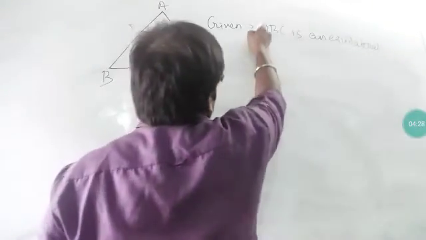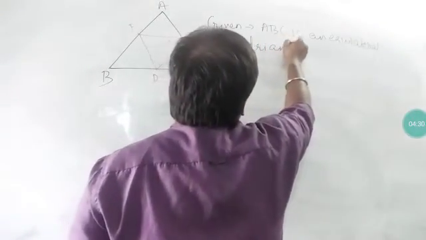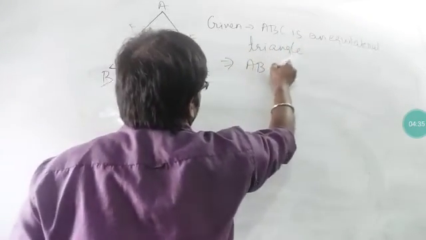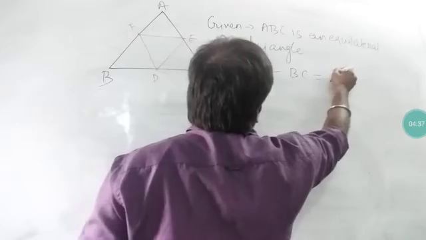The shape that is formed is also a triangle, but it is also an equilateral triangle.